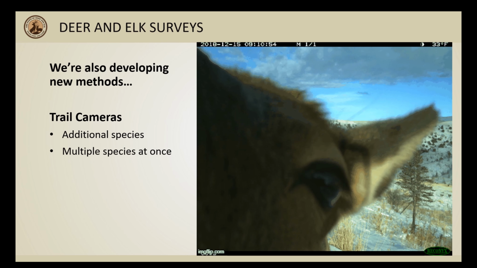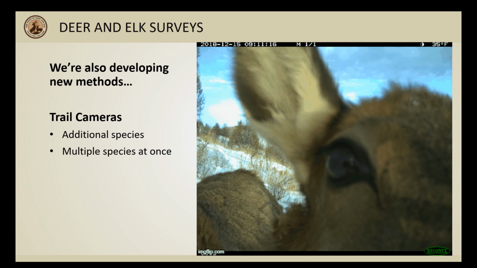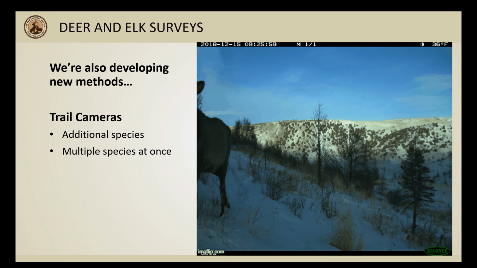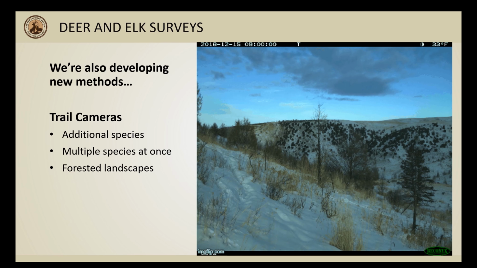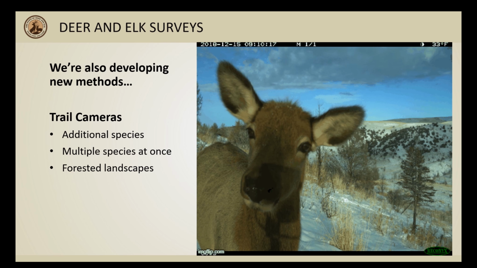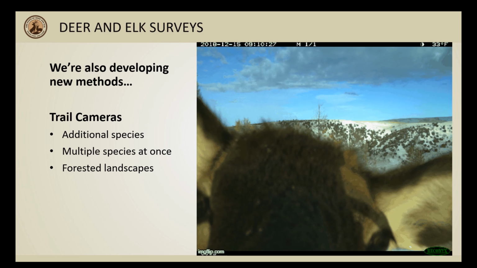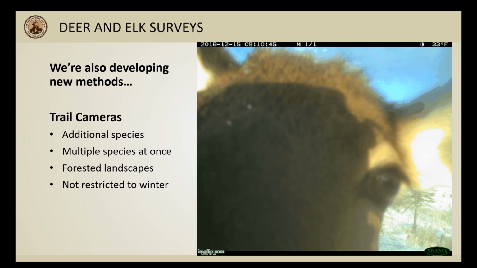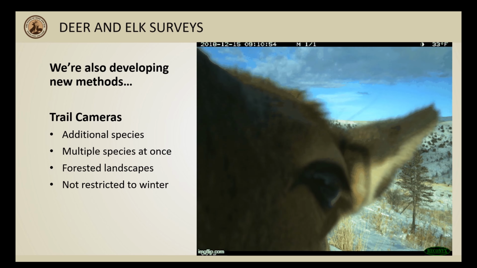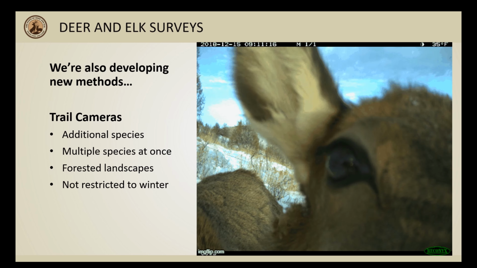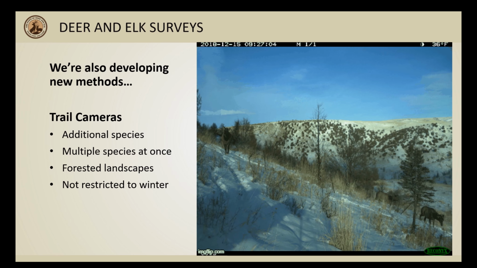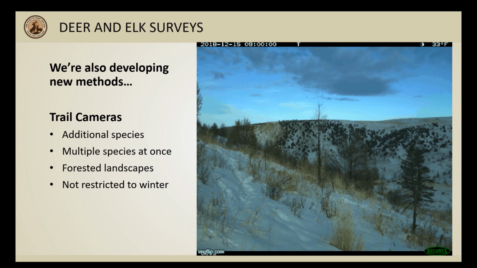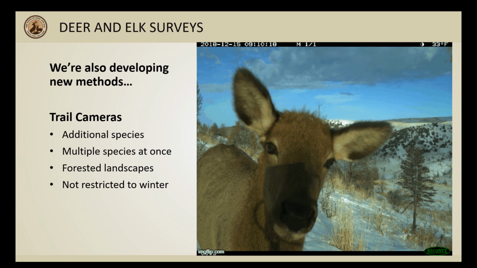They can also produce abundance and composition estimates for multiple species with one survey effort. They can produce estimates in habitats where aerial surveys are difficult, like North Idaho forests. And they are not restricted to estimates on winter range, which could eliminate the need for 2 separate surveys to estimate mule deer composition. We plan to continue our research on camera-based estimation, and if it continues to prove reliable, we will likely utilize it more in the future.